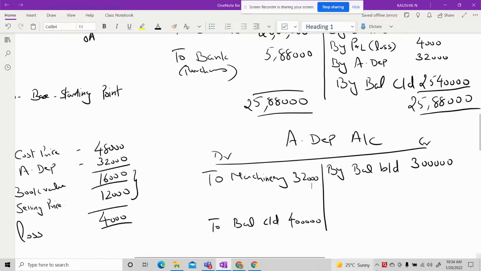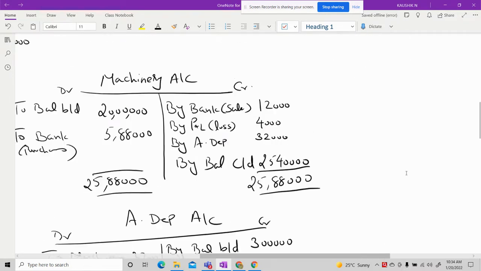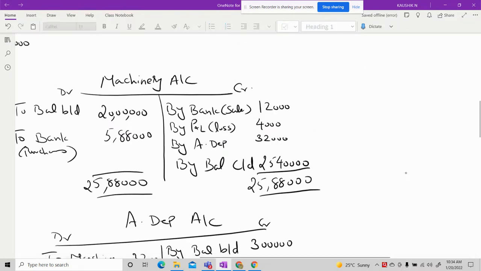I'll make you understand with the journal entry itself. If an account has to appear on the machinery account credit side, then in the journal it should have got debited.